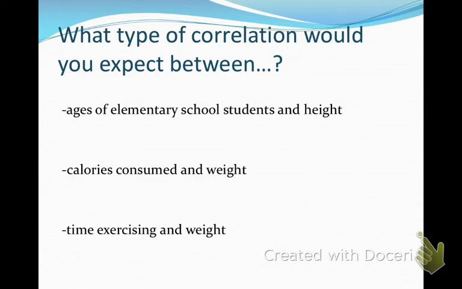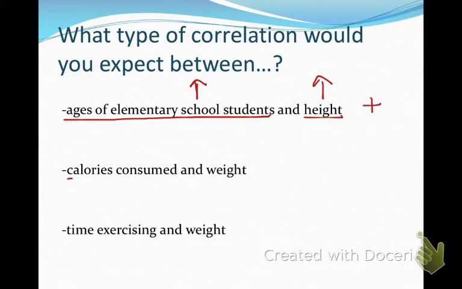I have three scenarios on the screen. What type of correlation would you expect there to be between these variables? So what I typically do is I identify my x and my y, and I think, well, as the ages of elementary school students increase, what would happen to their height? Well, that would go up, so this would indicate a positive correlation.